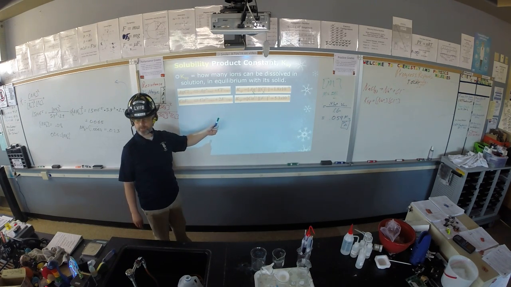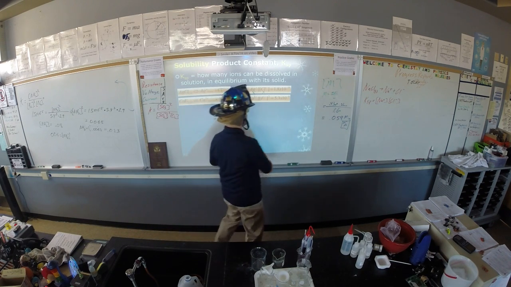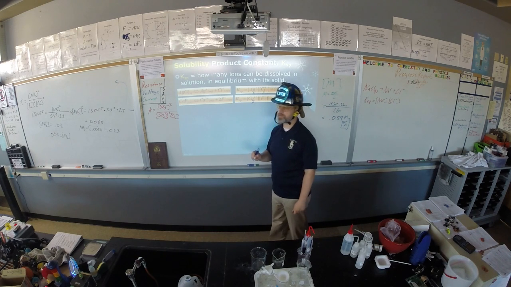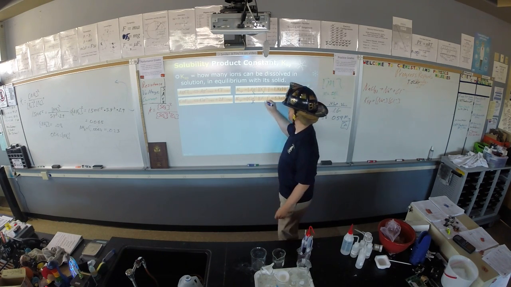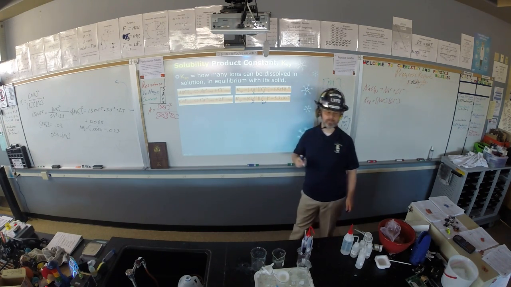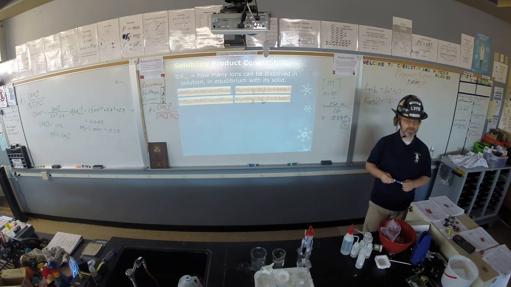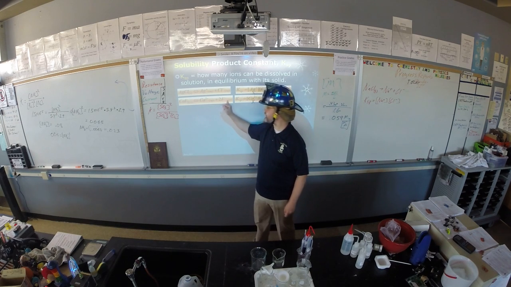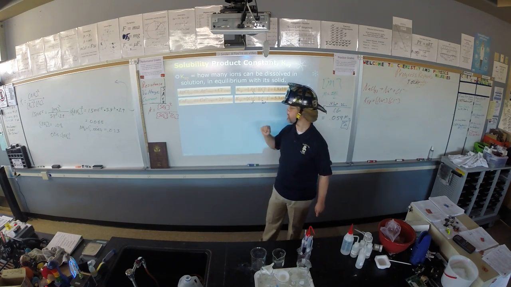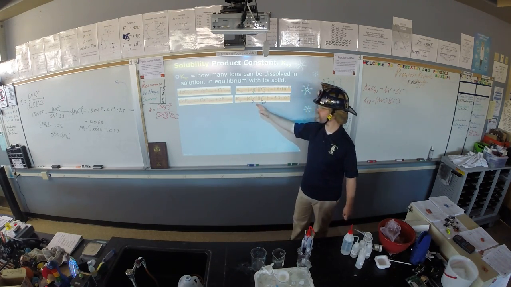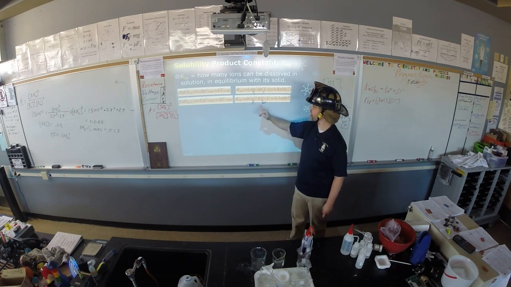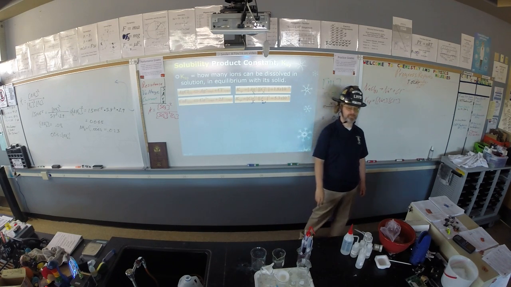Are you paying attention? That means for every X calciums, how many fluorines do you get? You get 2X fluorines. Does that make sense? So calcium fluoride breaks down to a single calcium, but two fluorines. For every X calciums, you're going to get 2X fluorines.